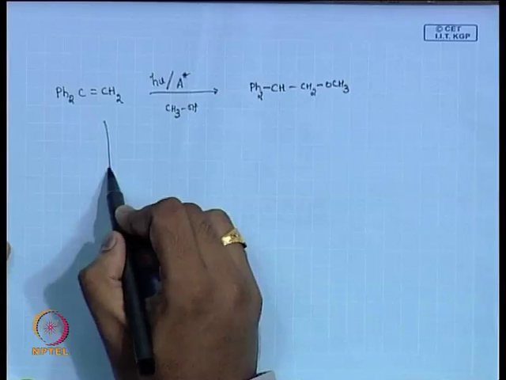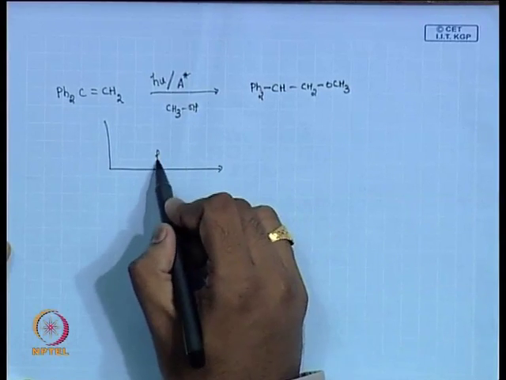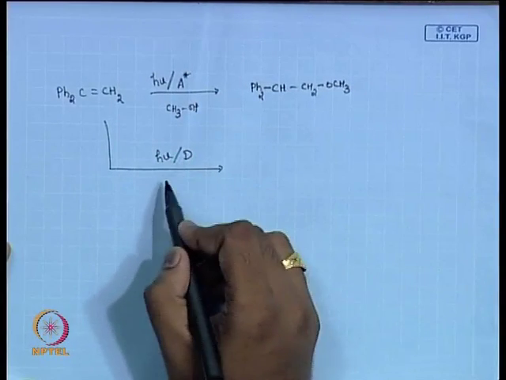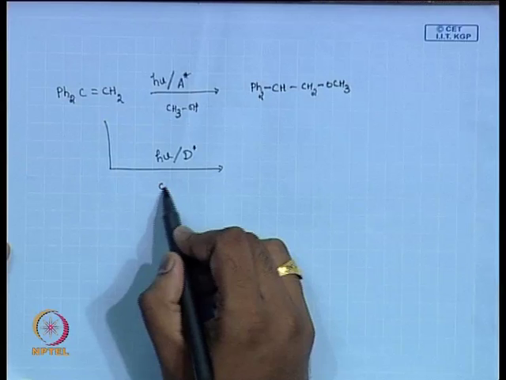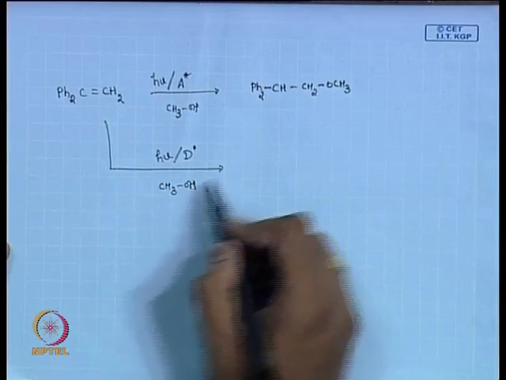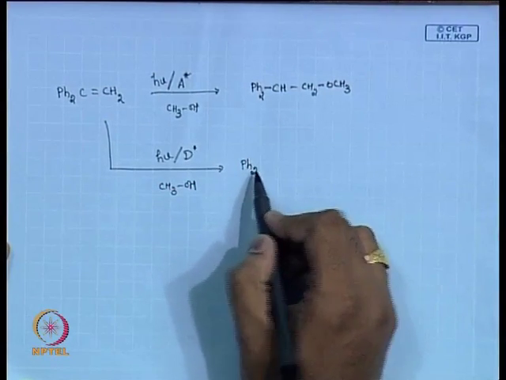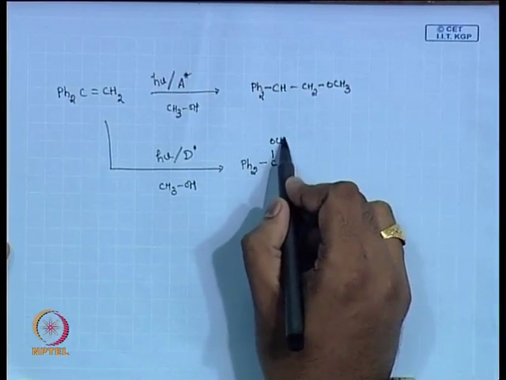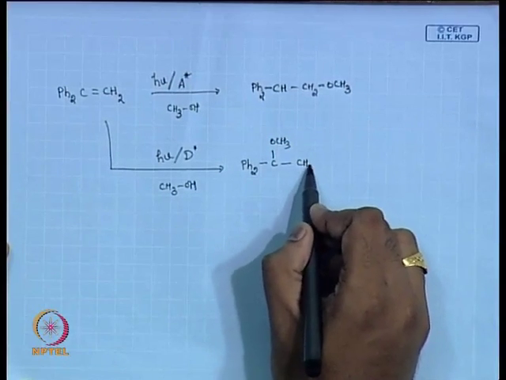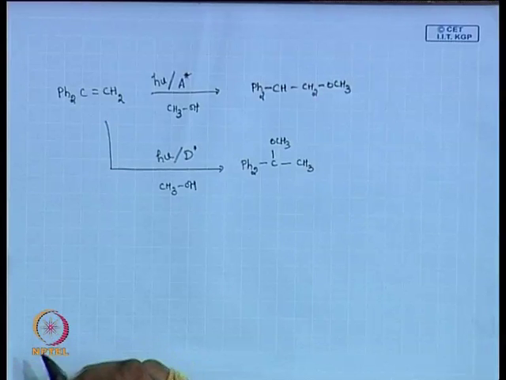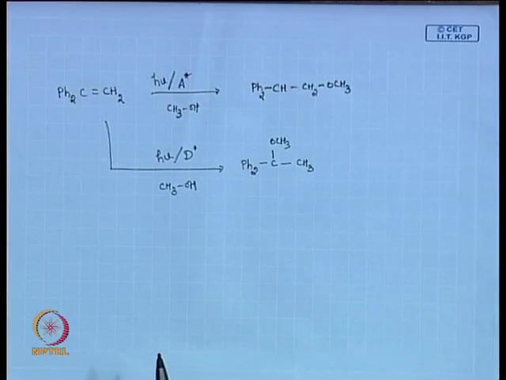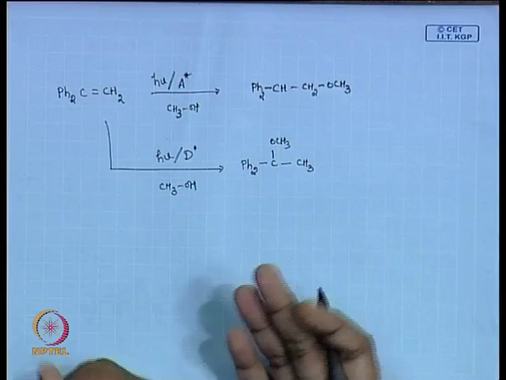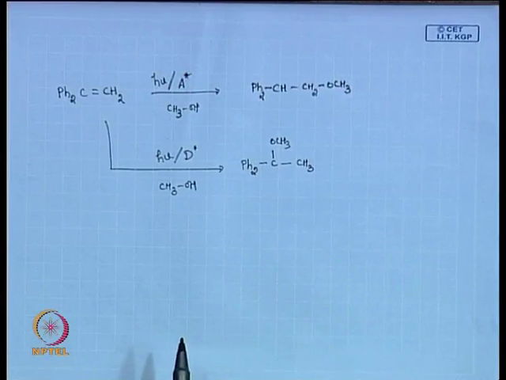I get an anti-Markovnikov product. But if I do the same photolysis in the presence of a donor, an excited donor, I end up with Markovnikov addition.